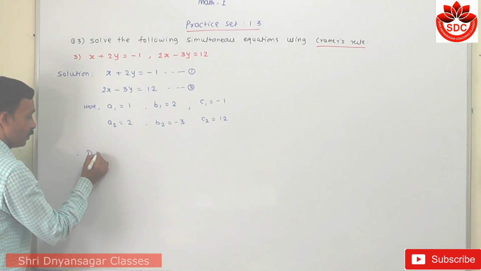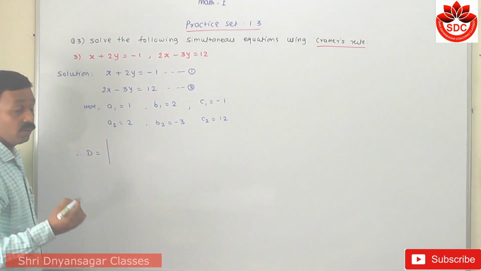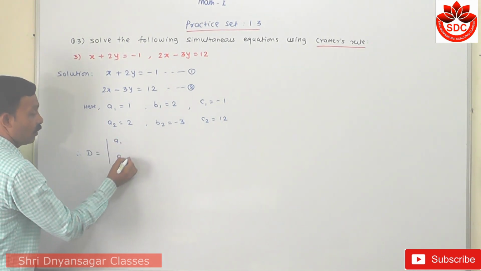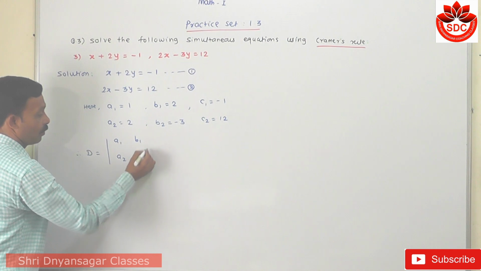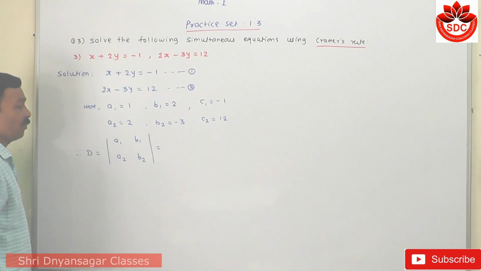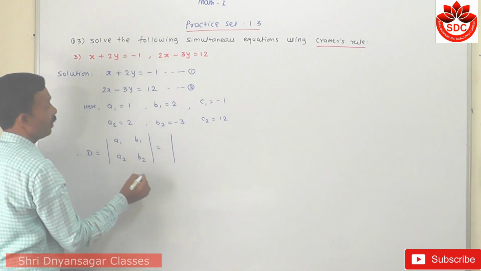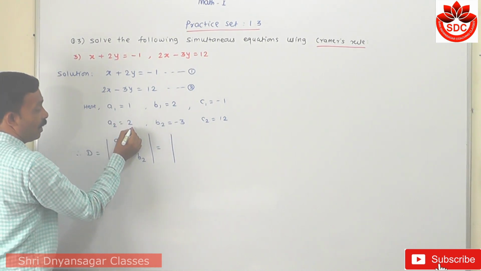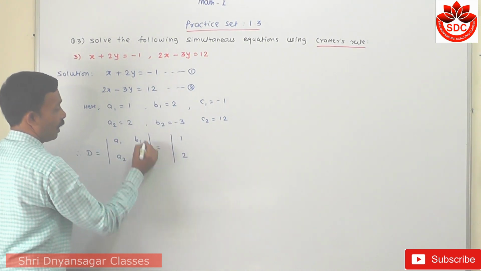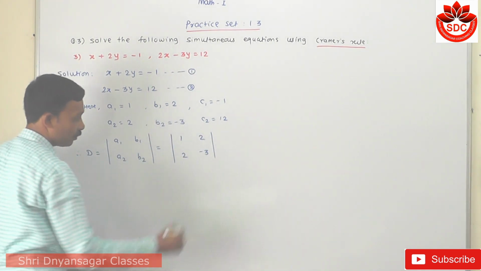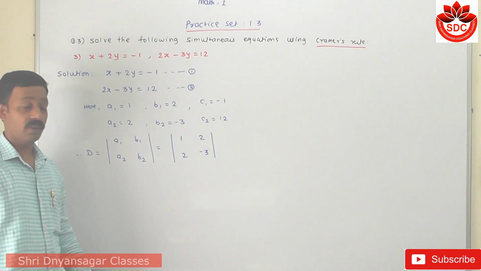Now, then we can find out the value of the determinant D. The rule for D is that we take a1, a2, b1, b2. Now we substitute the values of a1, a2, b1, b2 from the equations. We get here a1, a2 is 1 and 2, and b1, b2 is 2 and minus 3. We know the rules of solving determinants.